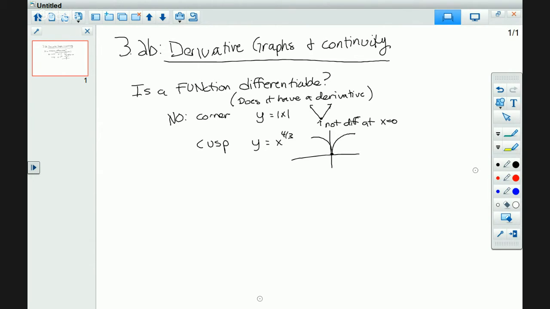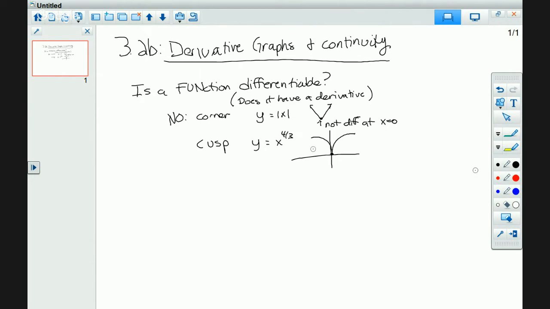So instead of this comes in straight, right? This one curves in. That's because of the cube root. So anything with a numerator even power, denominator odd, is going to give you something like this. It's not differentiable at x equals 0 again. Yeah, just in that one spot.